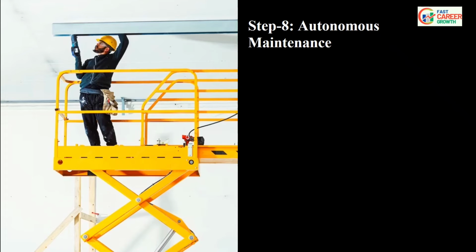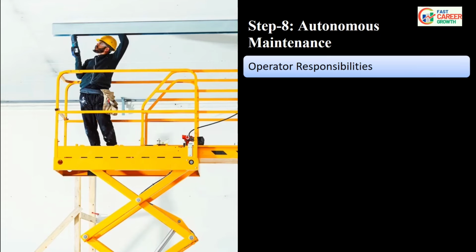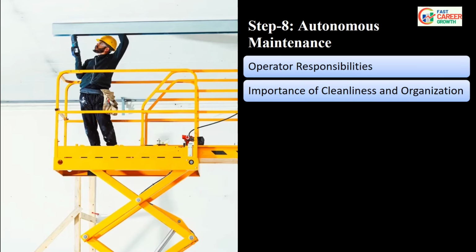Operator responsibilities. Describe the key responsibilities of equipment operators in autonomous maintenance, which may include tasks like cleaning, lubricating, inspecting, and tightening. Importance of cleanliness and organization. Stress the significance of maintaining a clean and organized workplace.